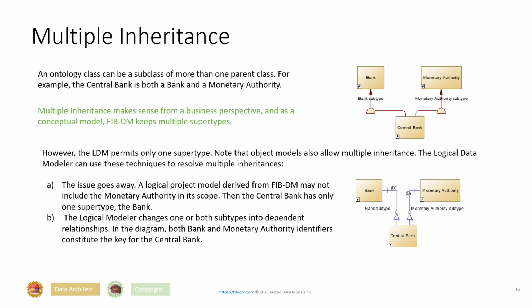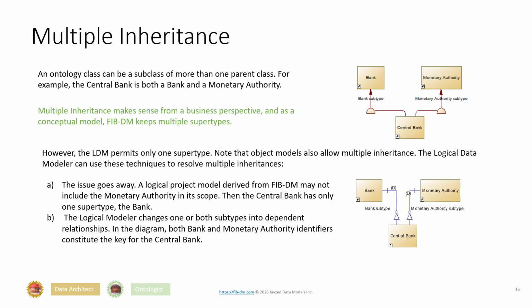So the logical modeler can use some techniques to resolve multiple inheritances in the conceptual data model FIB-DM. And mainly there are two ways. Number one, the issue goes away. So let's say we have our central bank in FIB-DM.